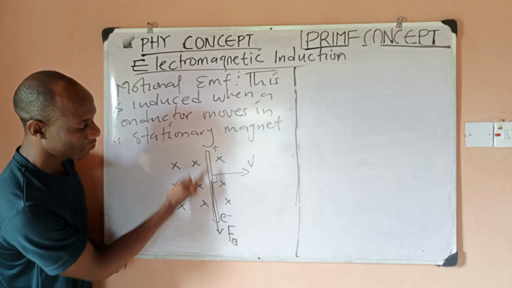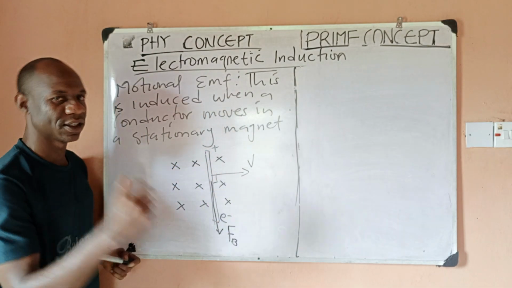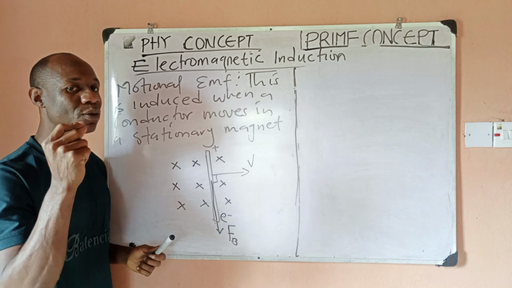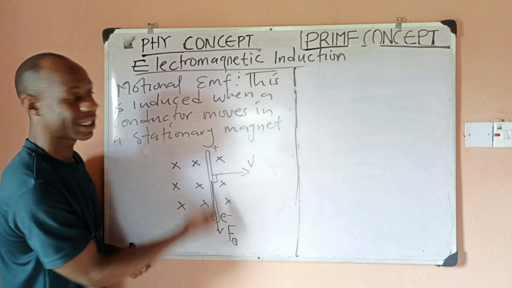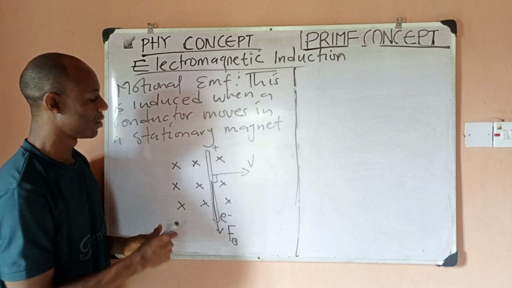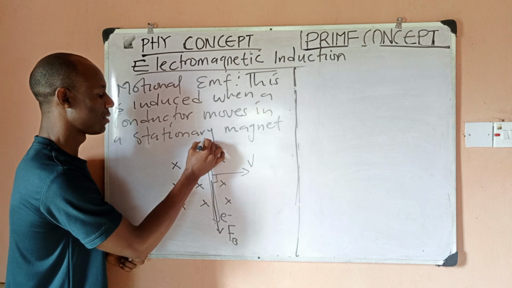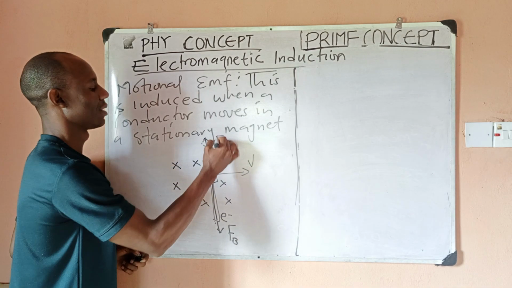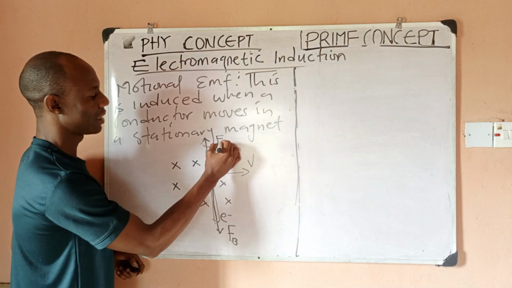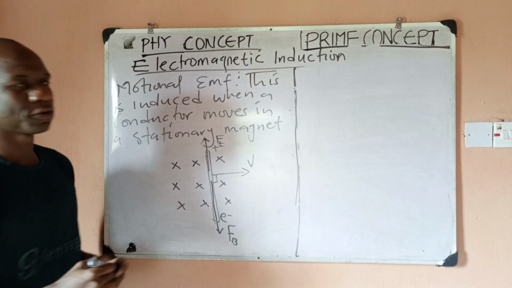Now, since you have a potential difference, it automatically tells you that there will be an electric field created, and that electric field would give rise to an electric force which would act opposite to the direction of the magnetic force. So this is the electric force.